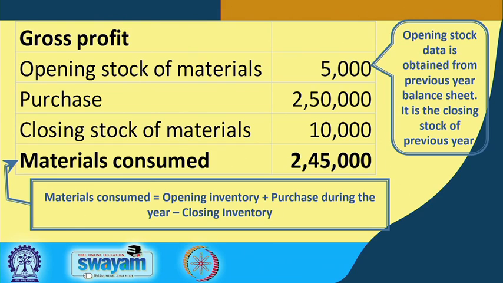So, including all of them, whatever is the cost, that is the total cost, and then you deduct that from sales, you get gross profit. It is gross margin, but it gives you some kind of idea of the efficiency of your business, and then you move forward to estimate other types of profits.